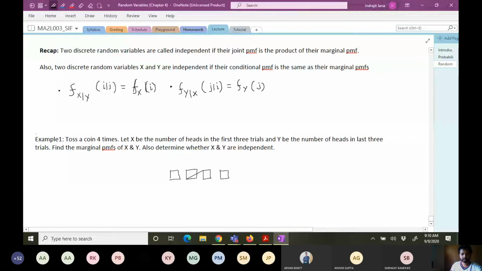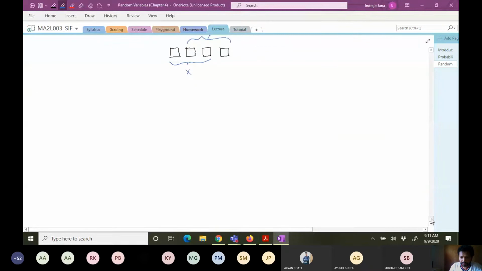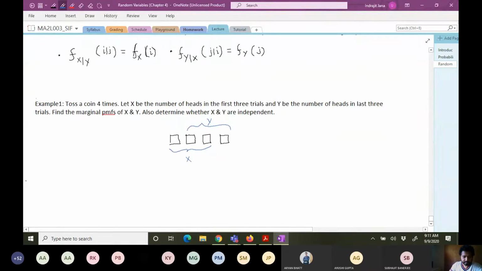And X counts the number of heads in the first 3 slots, and Y counts the number of heads in the last 3 trials. You want to find the marginal probability mass functions of X and Y. That is very easy.